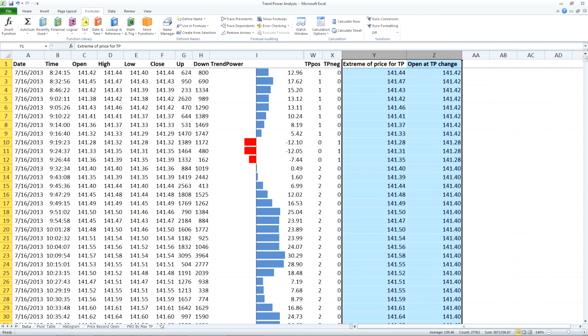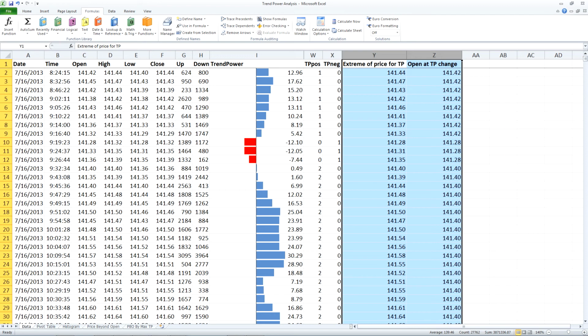Okay, so I wanted to do a follow-up video on the trend power analysis that I was doing in Excel, and one of the other things that I felt was going to be useful to look at was the level that price moved based on the highest amount of trend power within a trend power swing.